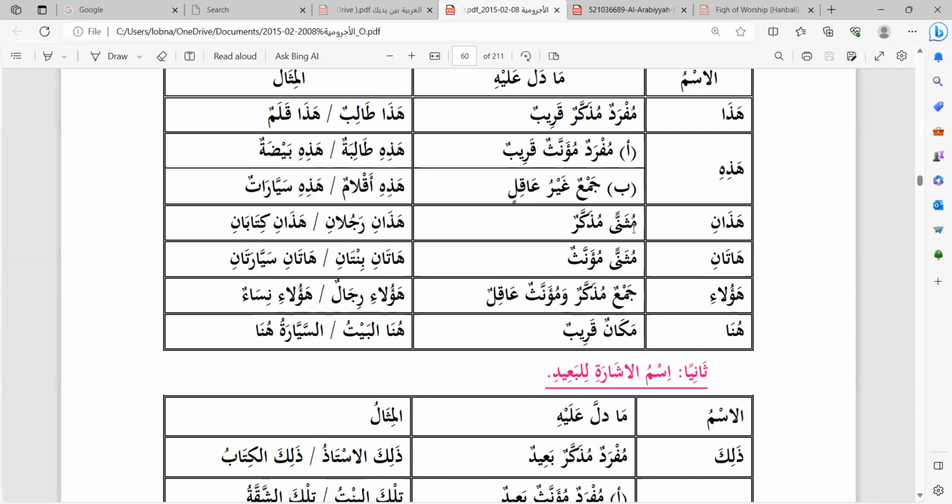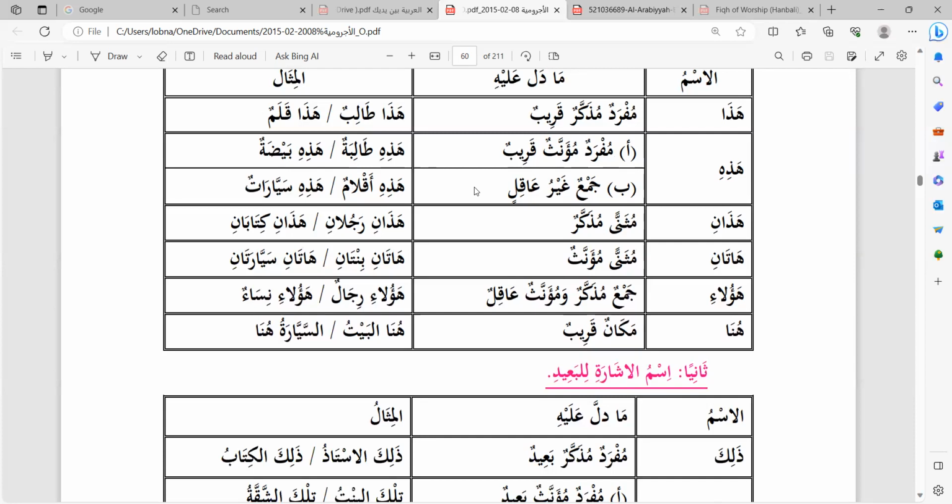هذه you would use for feminine. You said you only want masculine forms, right? What word means feminine literally? Once you see هذه, it's feminine singular, or you'll use it for plural for non-living. If I say هذه الكتب, هذه الأقلام, those are non-living, you'll use هذه also.